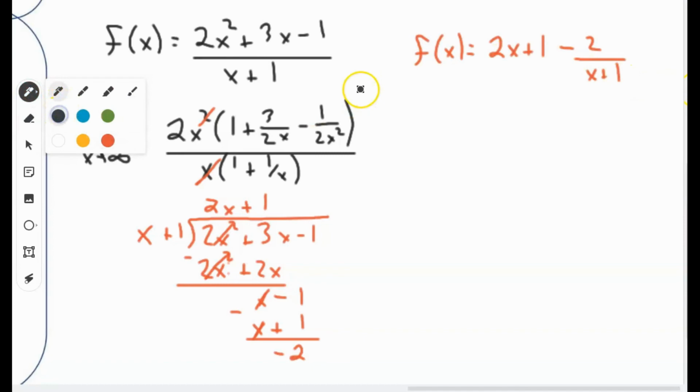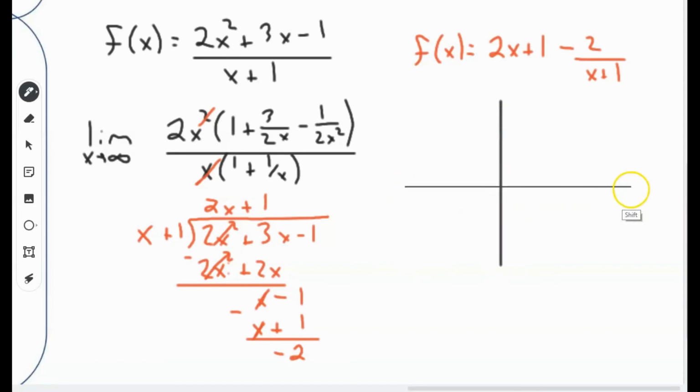All right, so now I'm just going to draw a little sketch here. And let's say we had this line, 2x plus 1. If I were to draw that line, it would look something like this. So this is y equals 2x plus 1.